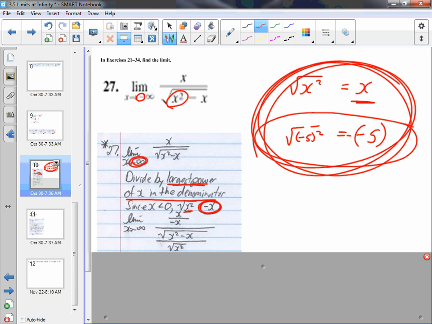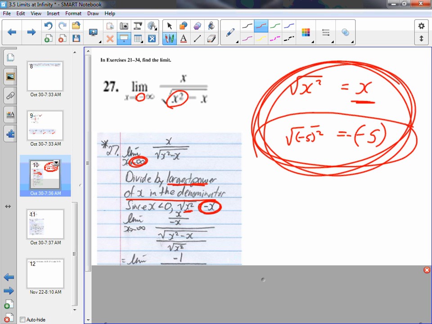So I've got the limit as x approaches negative infinity. The numerator that does not have a square root, I'm going to divide by negative x. The denominator, which does have a square root, I'm going to divide by the square root of x squared. Now the numerator is fairly easy to figure out here. x divided by negative x is negative 1.